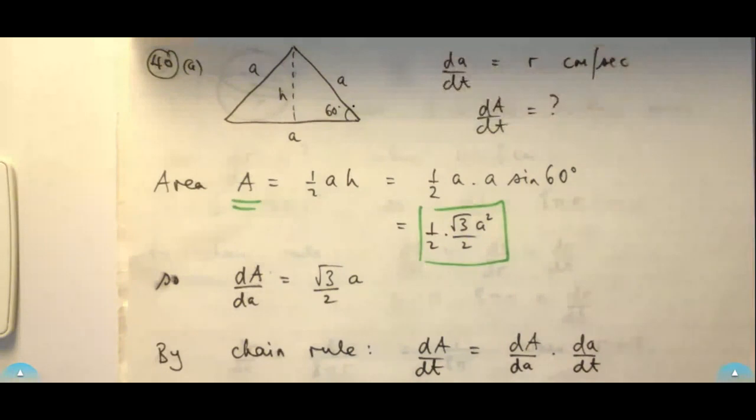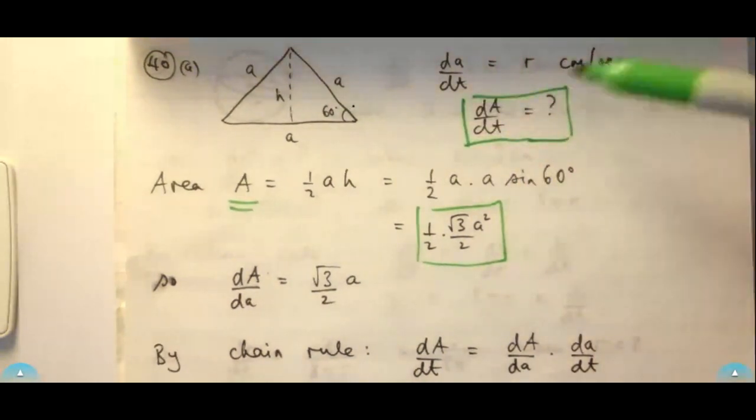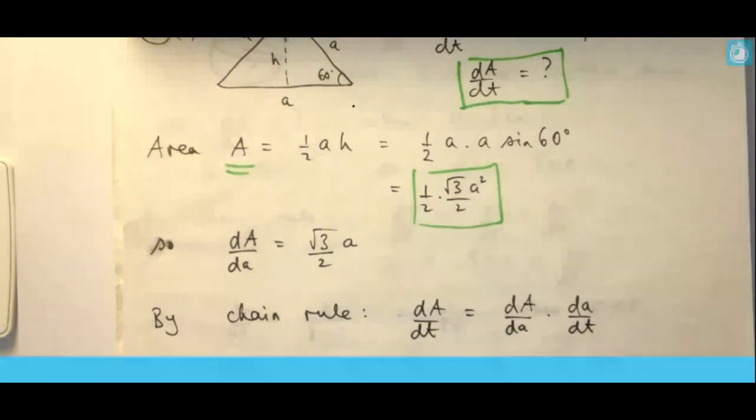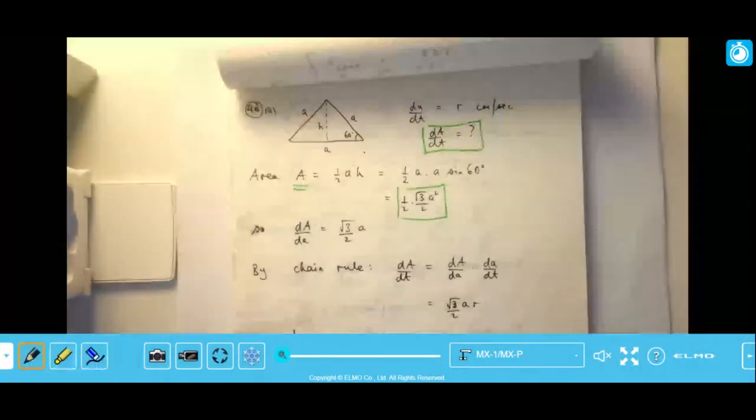And we want to compute dA/dt. Now we're going to use the chain rule for that. So let me zoom out a bit and go back all the way.